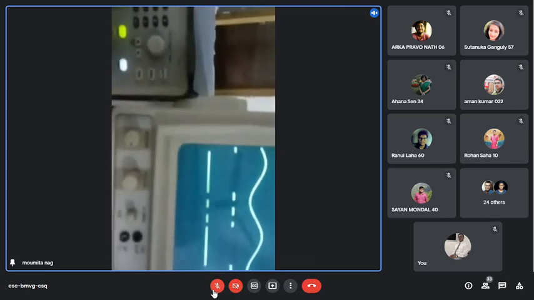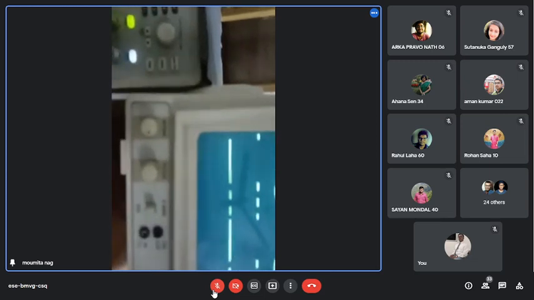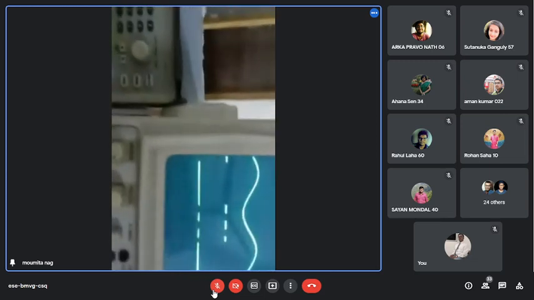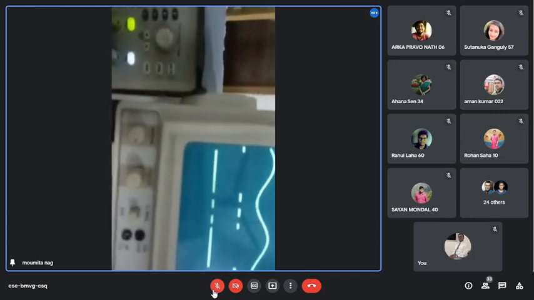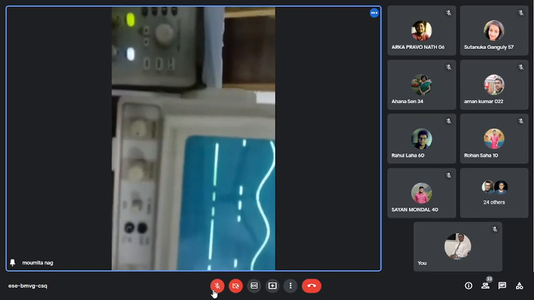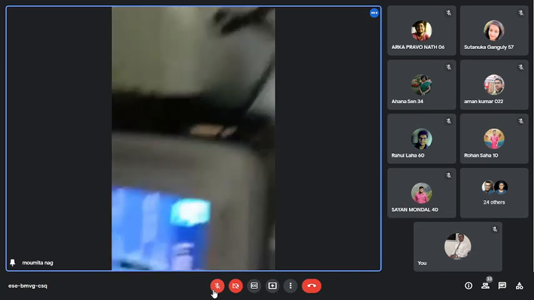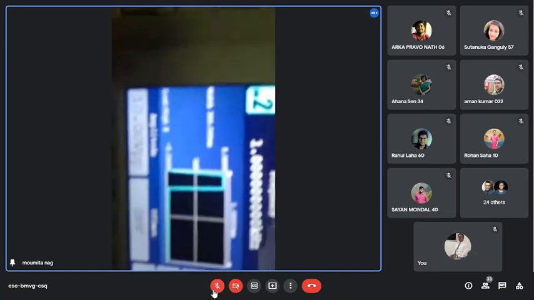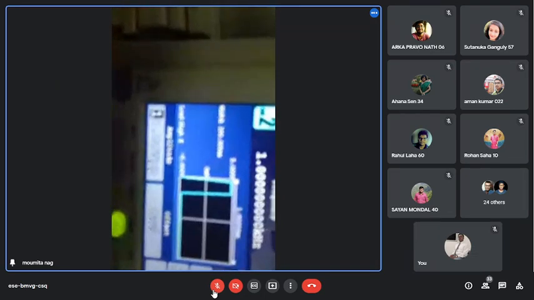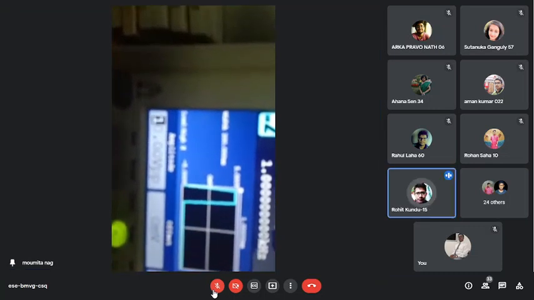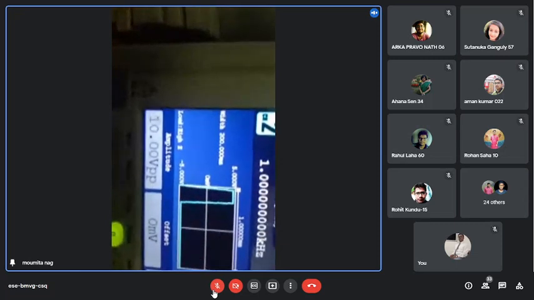Four signals you have to draw. Also draw the pulse, which I have not shown you yet. This is a pulse. Can you see it? The pulse is 1 kilohertz, 10 volt peak to peak.